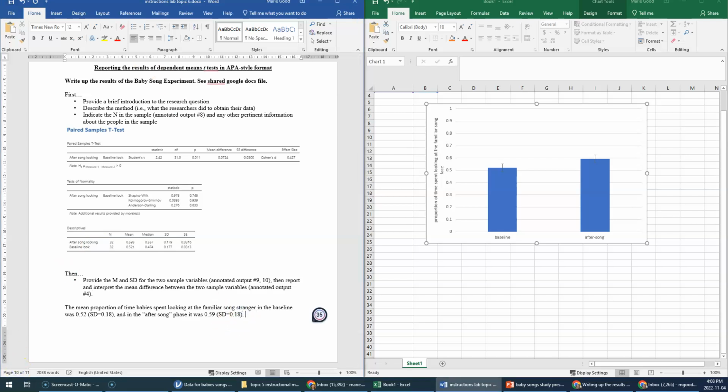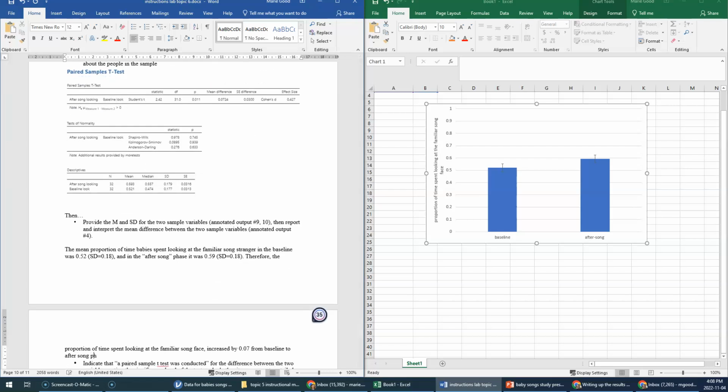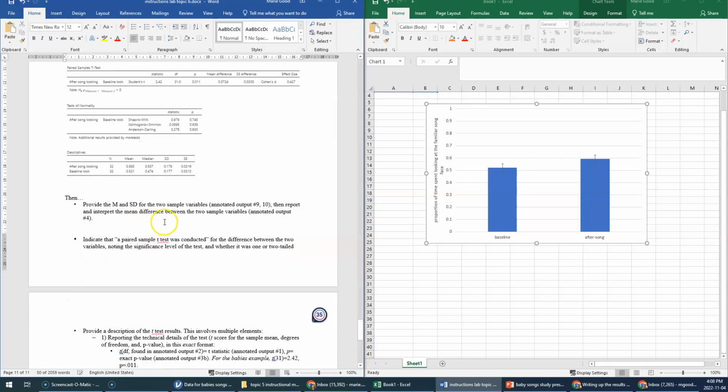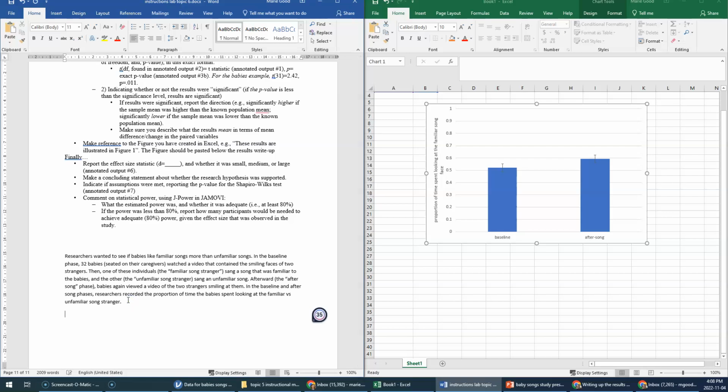There are different ways you could phrase this, but I'm going to say, therefore, the proportion of time spent looking at the familiar song stranger increased by 0.07 from baseline to after song phases. Okay, so that's that part. So now I'm going to grab it and add it to the overall final report.